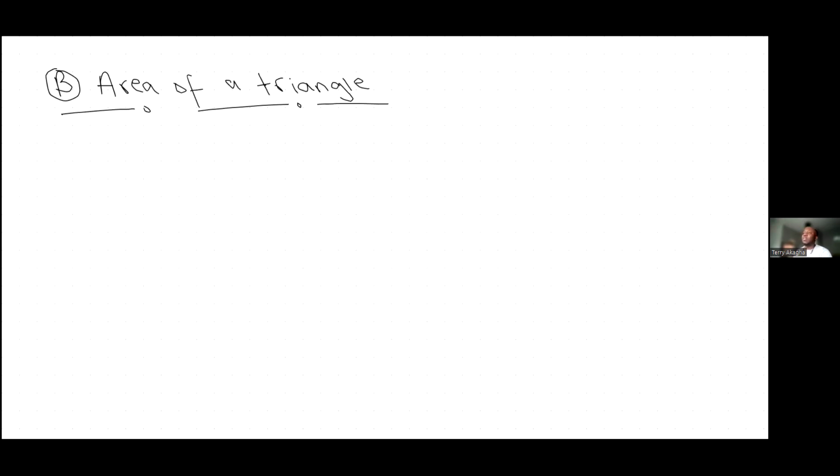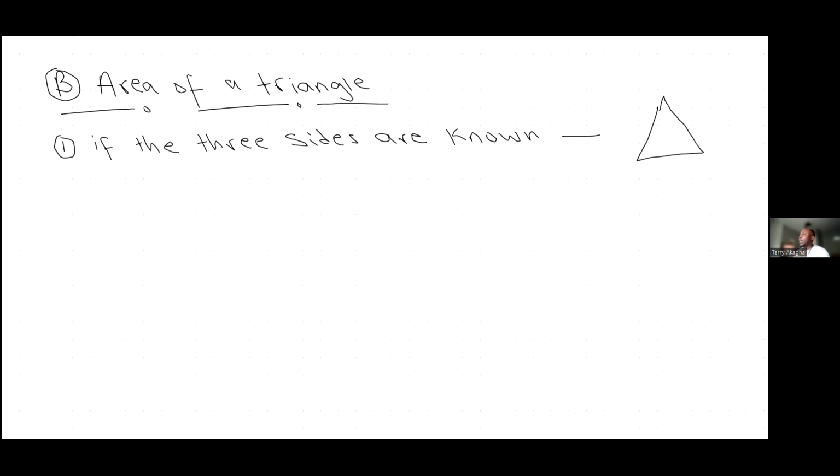So there are 4 ways of finding the area of a triangle. The first one is if the 3 sides are known. For instance, if you have a triangle like this, and you know the sides are A, B, and C, that means the 3 sides of the triangle are given.